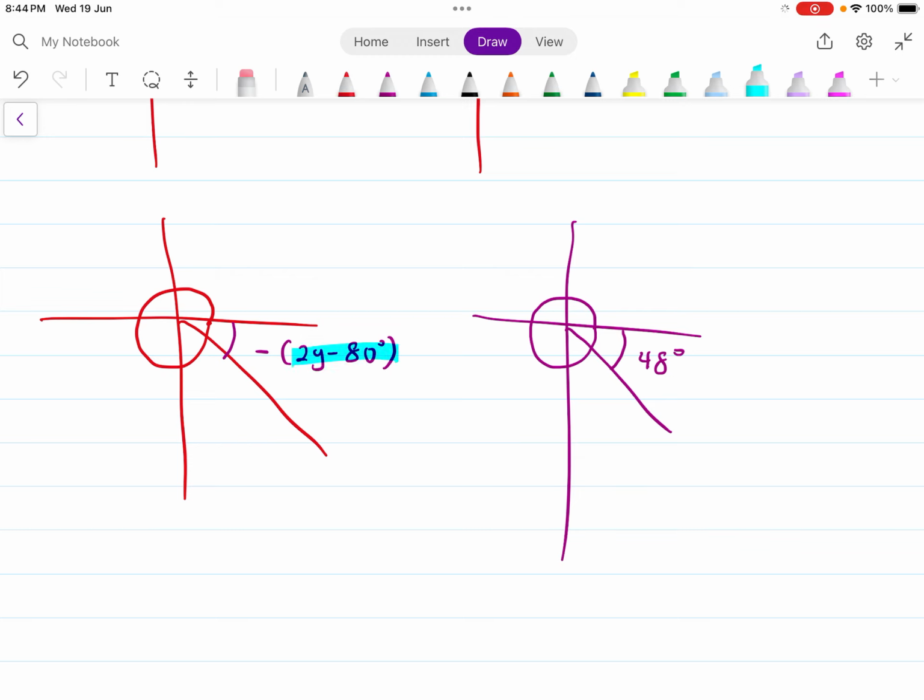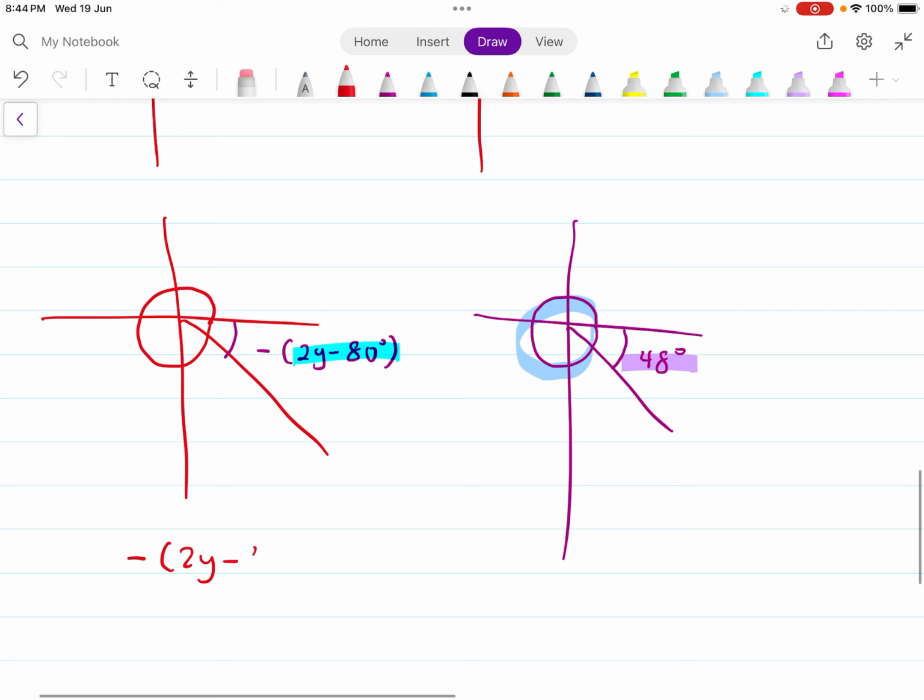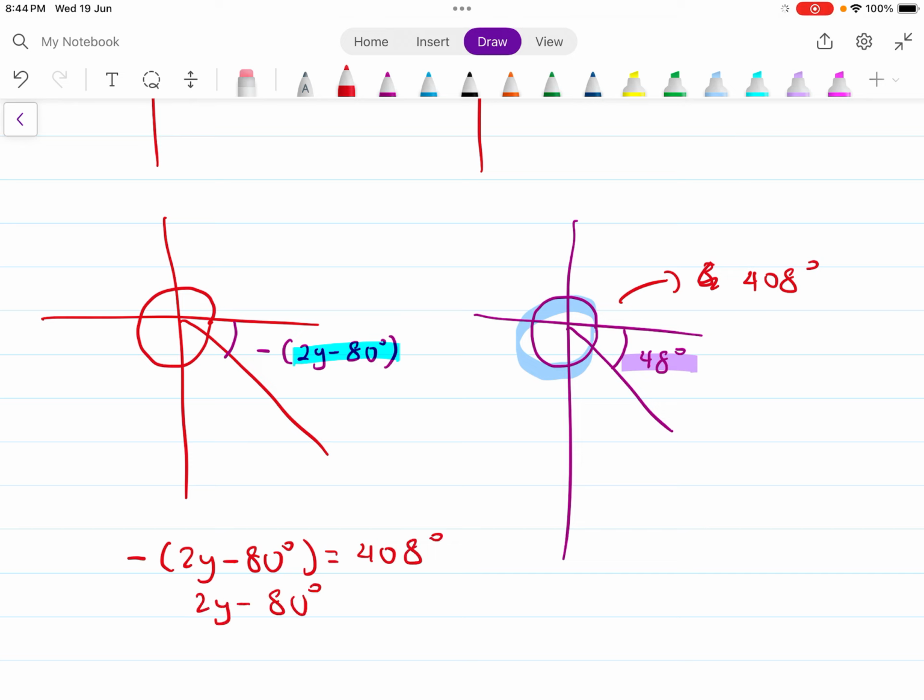Not to forget, this 360, you add a bit more of 48, so it's about 408 degrees. So negative (2y minus 80) is 408, and you times negative throughout, so 2y minus 80 degrees is equal to minus 408.